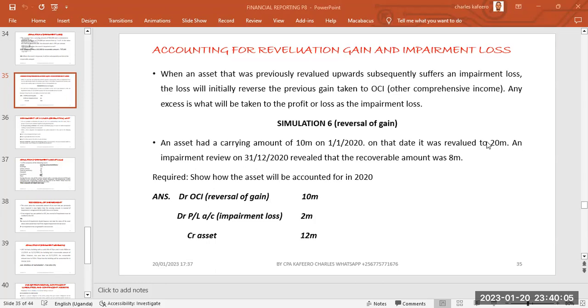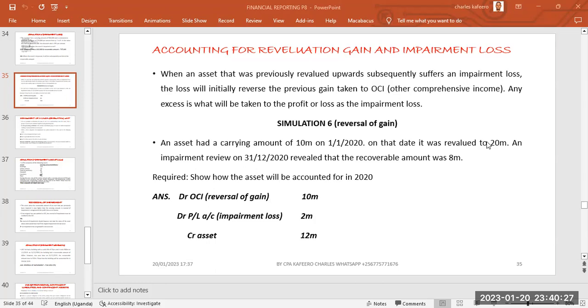So the balance of 2 million is what will be taken to the profit and loss as an expense in regards to the impairment losses. But the 10 million will cancel the gain we had in the previous year. And that's how everything is supposed to be recorded.